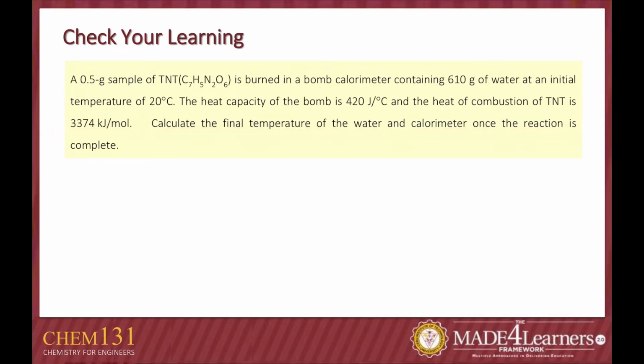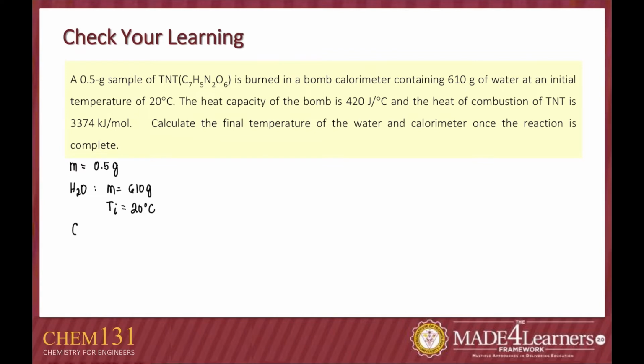Okay, so in this example, gilahi si water ug si bomb. So walay total nga heat capacity. So naay sample nga nakunoy mass sa TNT nga 0.5 grams. And then for the bomb, ang water, ihang mass kay 610 grams, and it has an initial temperature of 20 degrees Celsius.